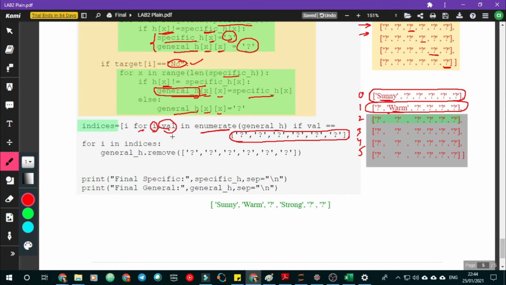In the second iteration, the i value will be 1 and the value will be this much. In the third iteration, 2, this one. Fourth, this one. Okay. So it is just returning, and we are checking whether the value is question mark or not.